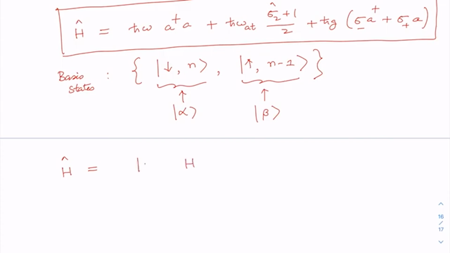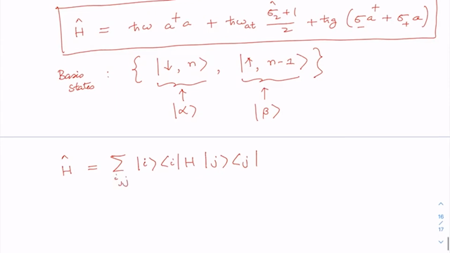I can sandwich this Hamiltonian between these states because of the completeness condition, and I have to take the sum over all this here. So therefore this JC Hamiltonian, now I can write it as, because I have only these two basis states, alpha, beta, right?